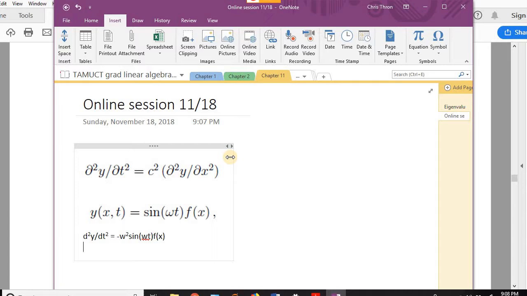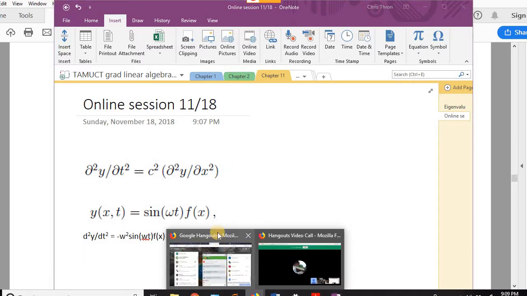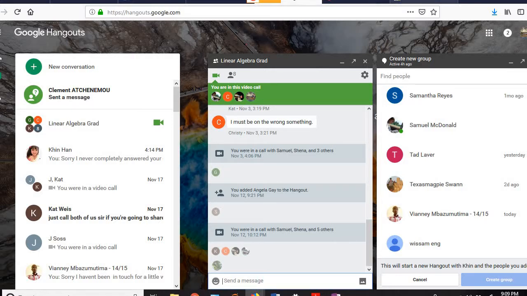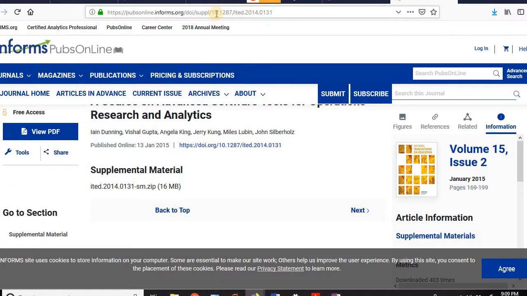I'm a little confused about why it's w squared. Well, you have to go back to what the derivative of sine omega t is. What's the derivative of sine omega t with respect to t? That's a calculus issue. Actually, you're taking two derivatives. So is the derivative of sine cosine? Yes.